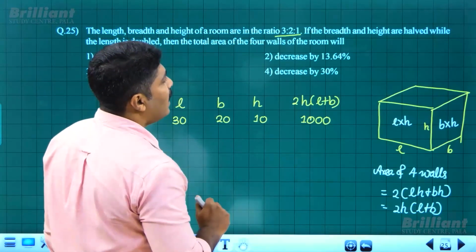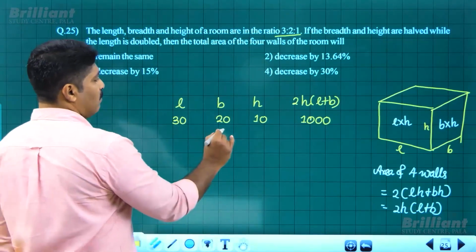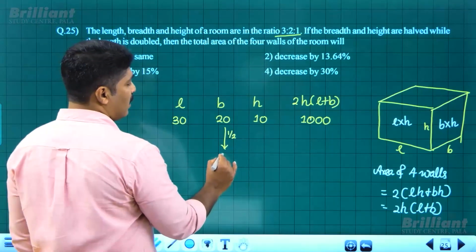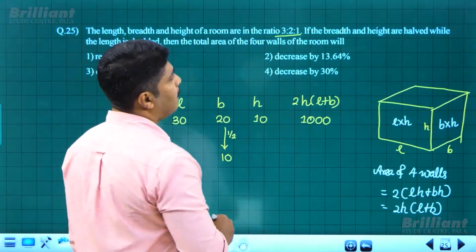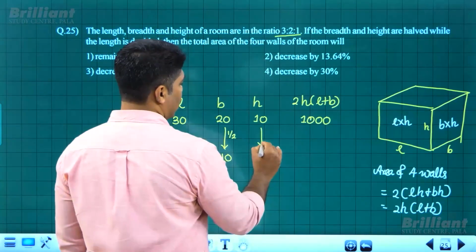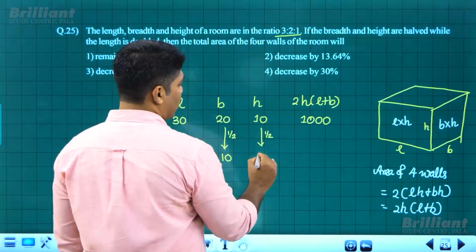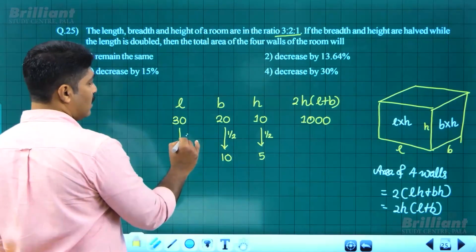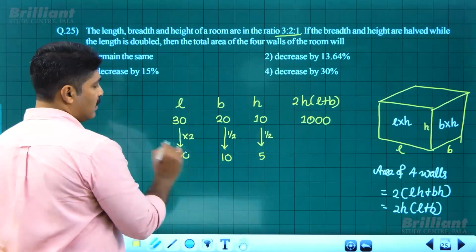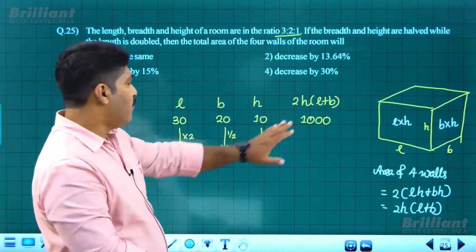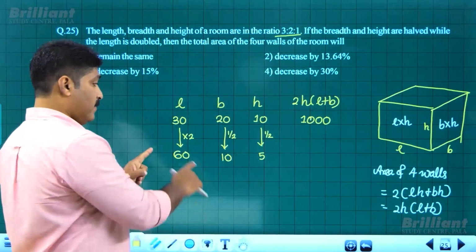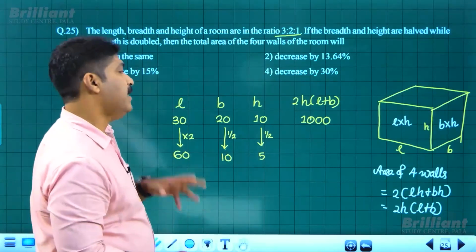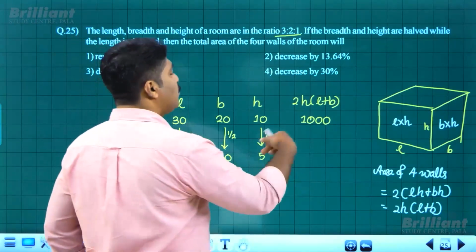Then we are considering the changes. If the breadth and height are halved, so breadth becomes 10, and height, that also halved, becomes 5, while the length doubled, so therefore this is 60. Again we are considering the relationship here. This is equal to 60 plus 10, that is 70, 70 into 10.